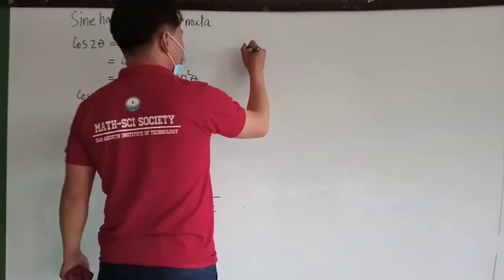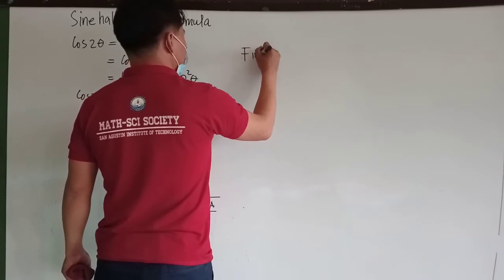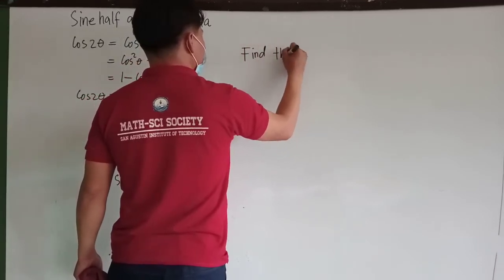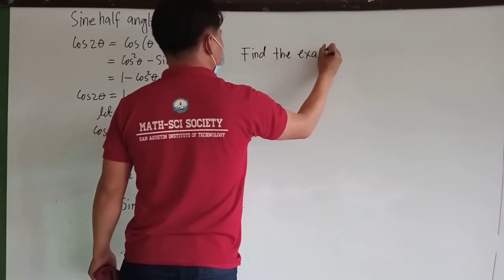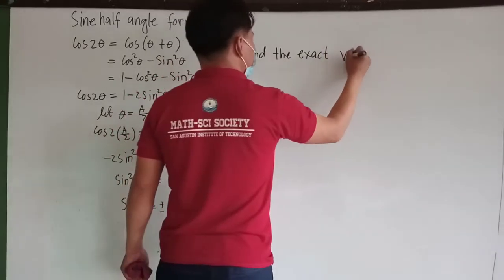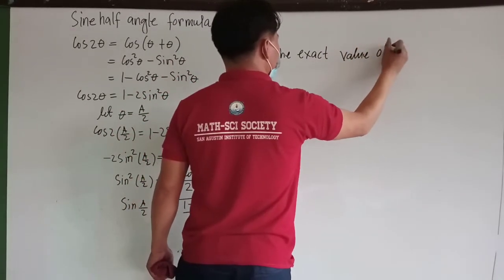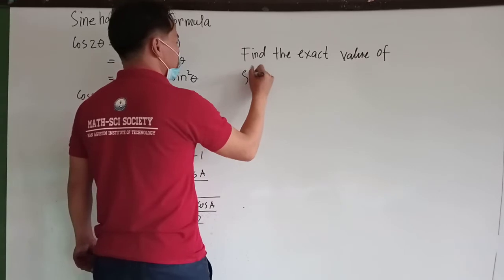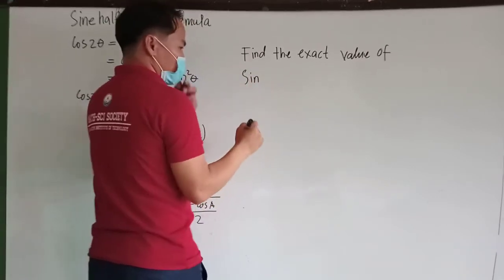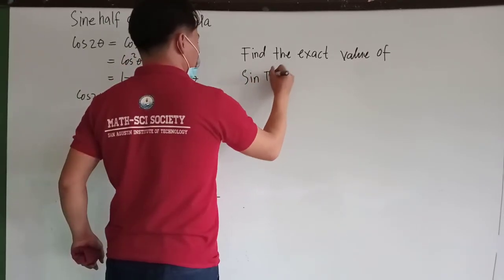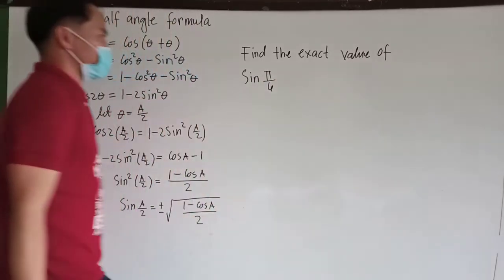So let us have one example. Find the exact value of sine of pi over 6.